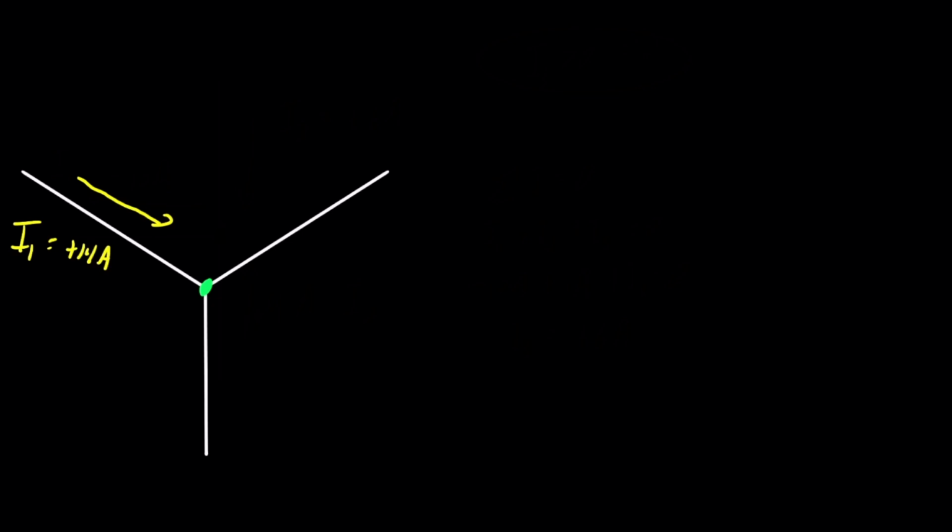And we also have current 2 going away from the junction at negative 10 amps. I'm also going to identify current 3 as an unknown variable. You will notice that it's very similar to the prior example. It's just that it looks different. And even though it looks different, the process is still the same.